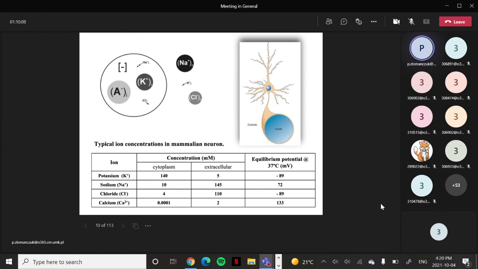And as you can see, the extracellular concentration of this ion is much, much larger than the cytoplasm concentration of this ion. This is worth remembering, along with the concentration gradient for potassium and sodium. These are things to remember.